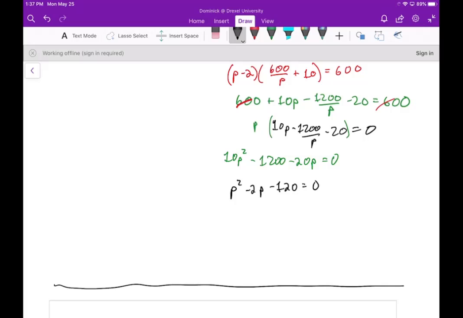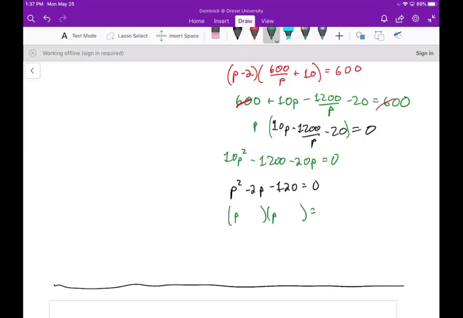Now are there two numbers that multiply together to give us minus 120 and add to negative 2? So it's possible that we could factor this. But if you look at 120, it's not at all obvious right away what numbers we should use.